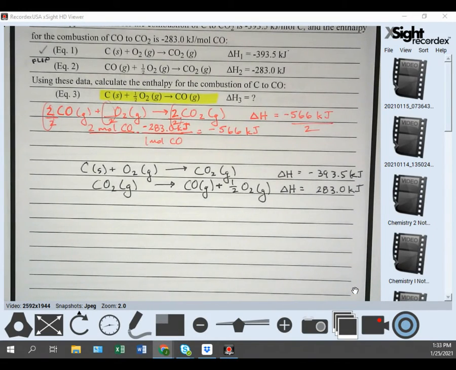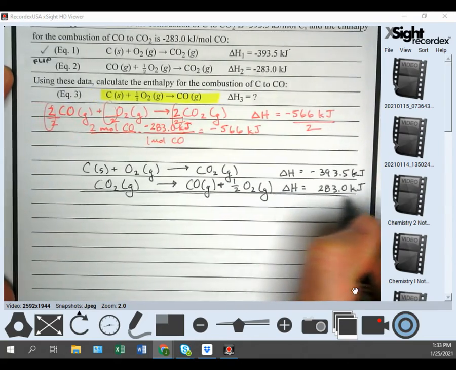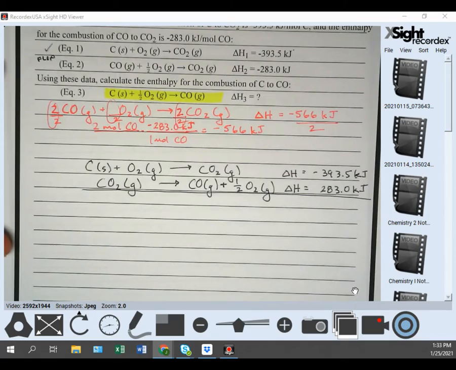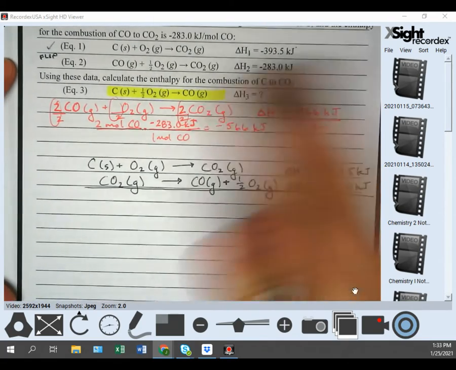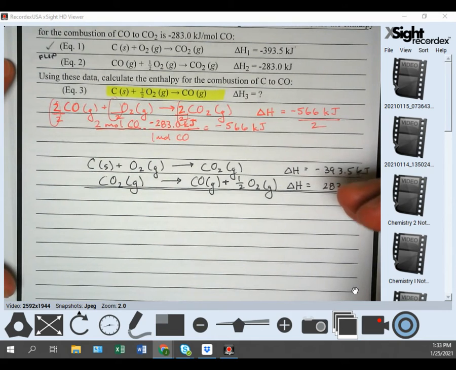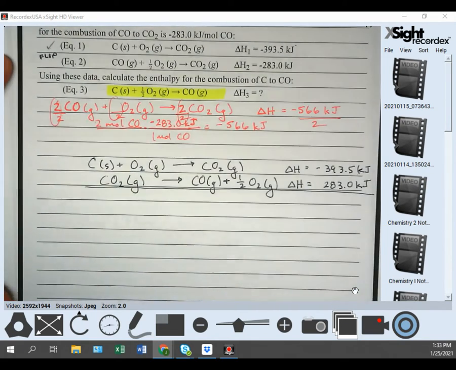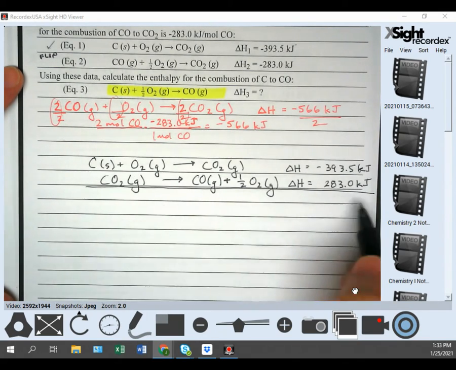All right, how are you feeling so far? Okay. Now, all we're going to do is do exactly what you would do in algebra. You're going to add the two, combine the two together and simplify. So I'm going to write everything out so you see how it works. I'm going to write all the reactants on the left and all the products on the right.